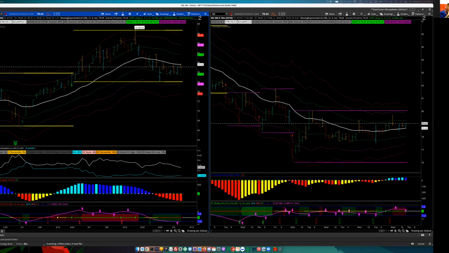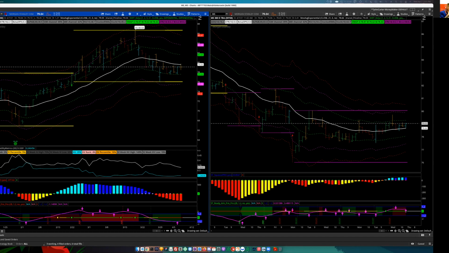Doji typically means indecision in price action. So today was a doji day. Down on the 78-minute chart, looks like we're just trading within this range here. So we're trading within a range.